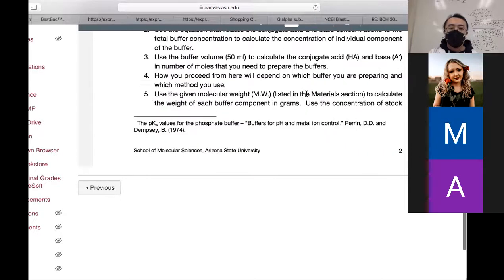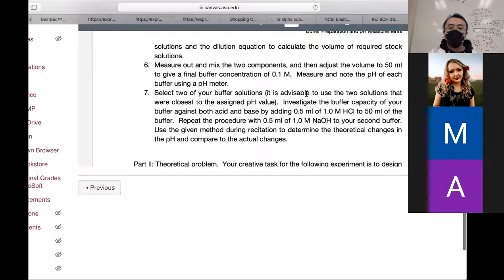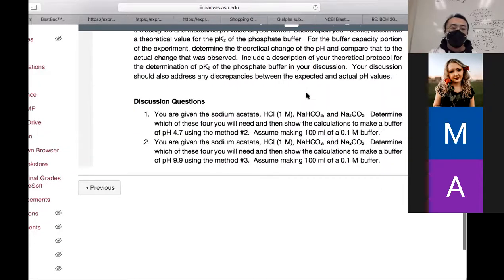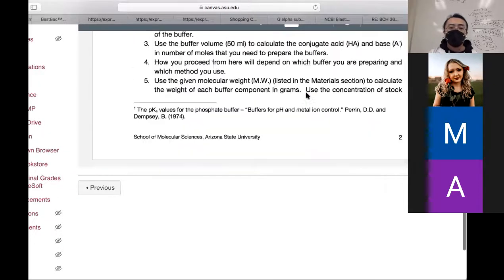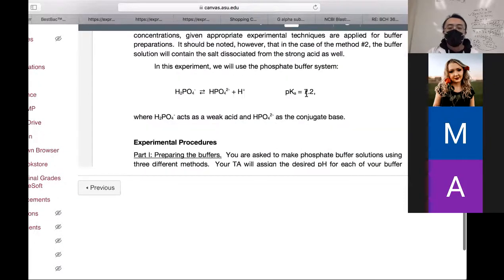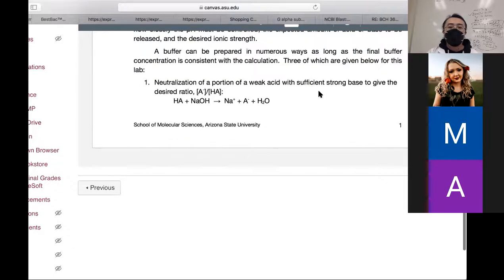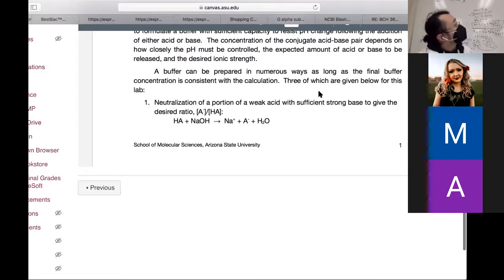You may be confused about why we have three different pK values, and why we are using 7.2 as the pKa. The explanation is actually here. Let me grab this on my laptop and show you here.